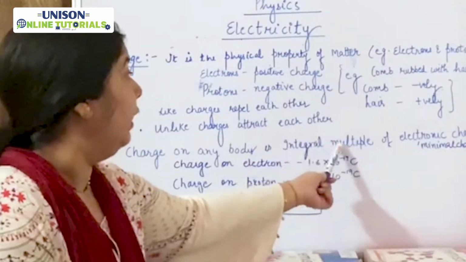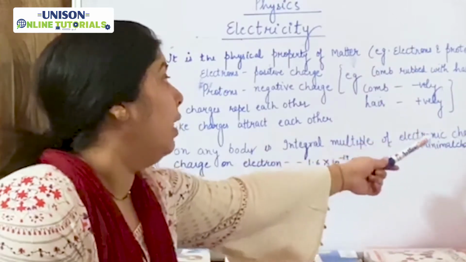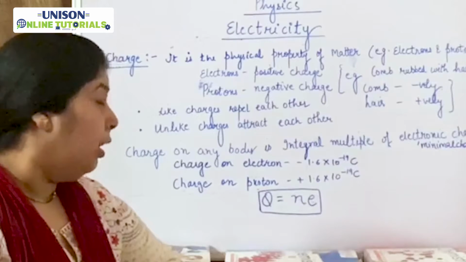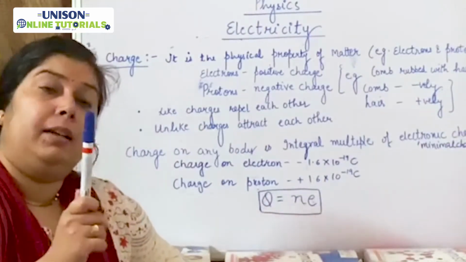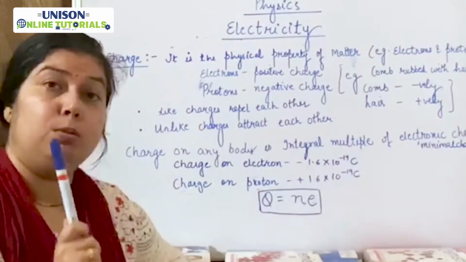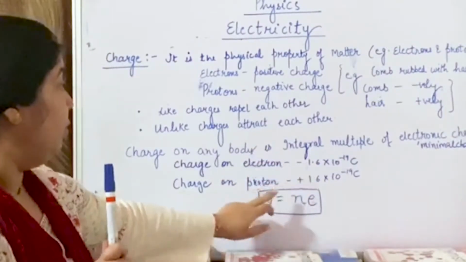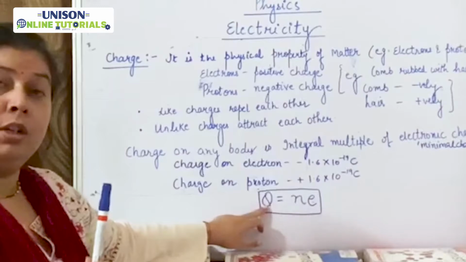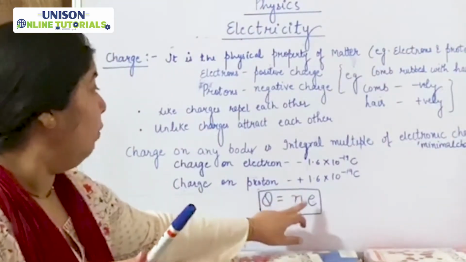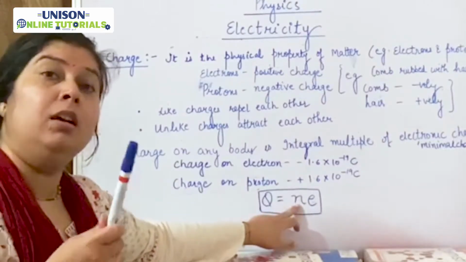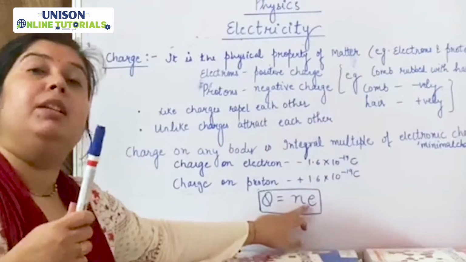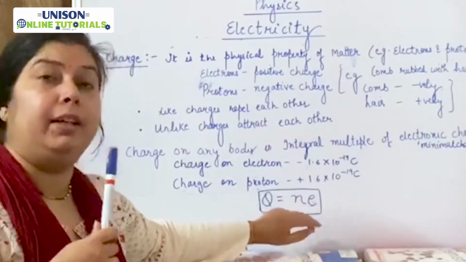So it is the integral multiple of electronic charge, or you can also say minimal charge. For example, आपने इस मार्कर पे निकालना है कि कितना चार्ज प्रेजेंट है. So the total charge on this marker, or you can say any body, is equal to n, the number of electrons, multiplied by the charge on each electron.